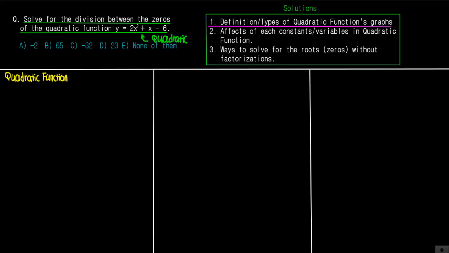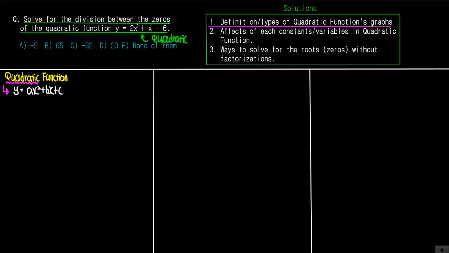The most important thing we're going to talk about is the quadratic function. We can think about it from its basic format, which is y is equal to ax squared plus bx plus c.